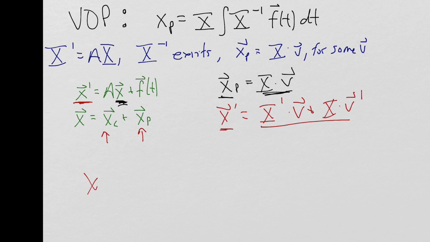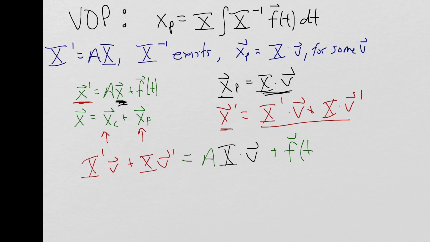That gives me X prime times v plus X v prime equals A times X times v plus f of t.